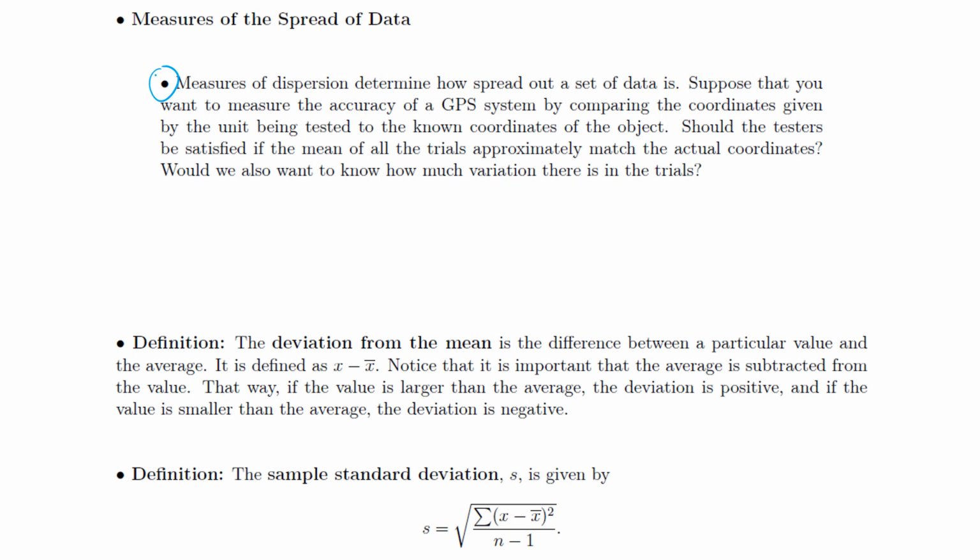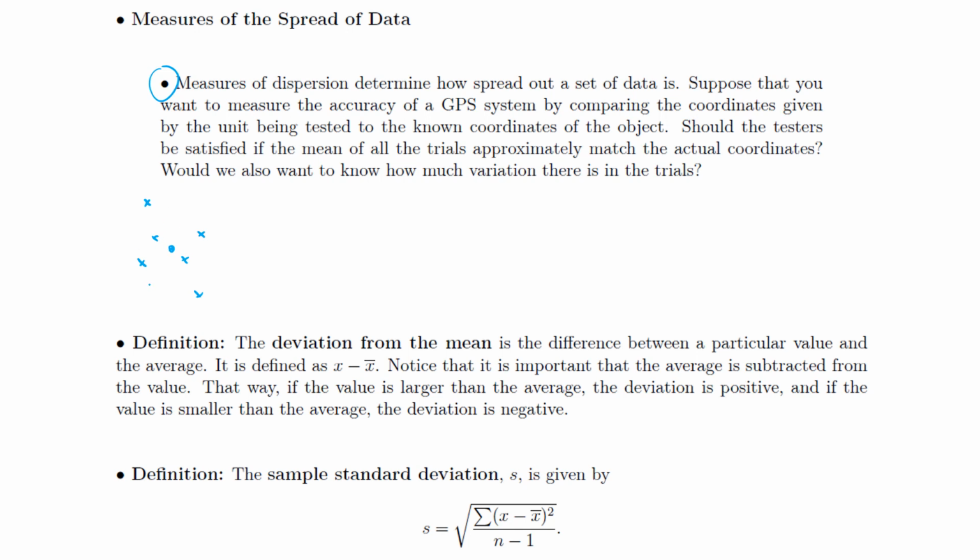Now, if you were to take all the readings that GPS makes and essentially average them out, that would not really be enough to say that the GPS is working, right? Because if you have this location and it reads here and it reads here, and maybe it reads here and it reads here, and that sort of thing.